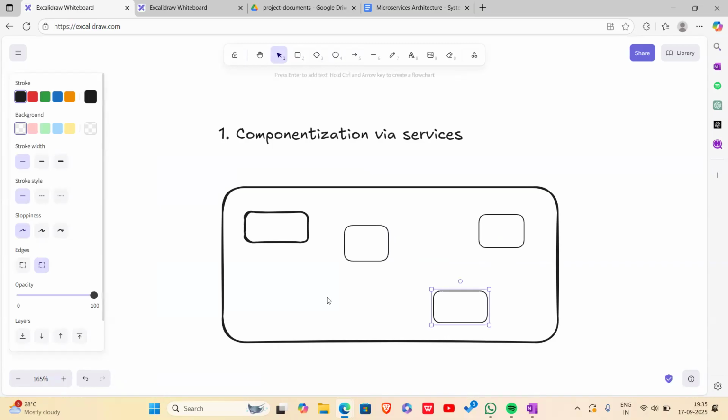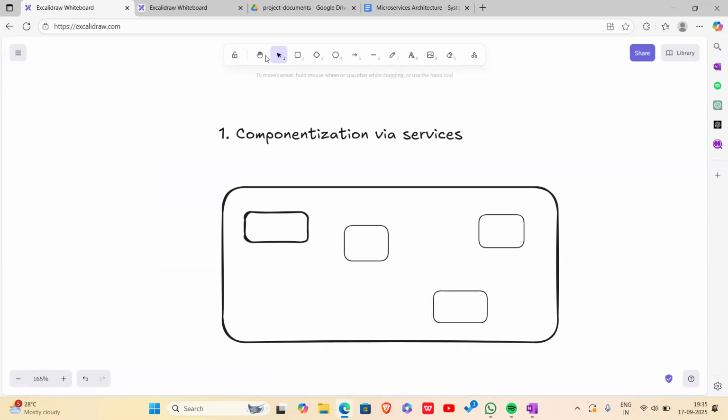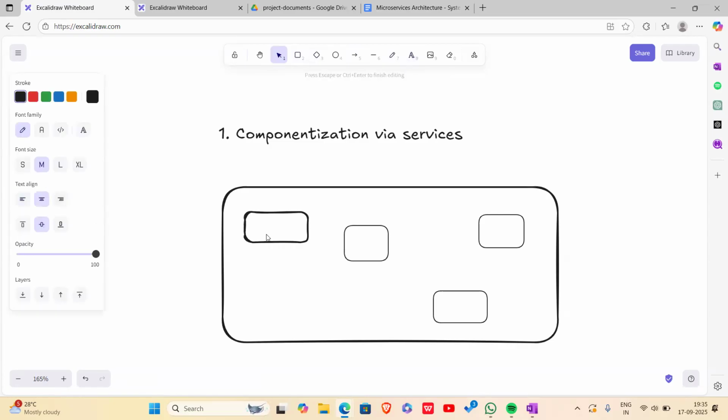About the componentization. Componentization is separate and then basic, like domain ideology, which is related to payments and it's about refunds, everything will be going on here.